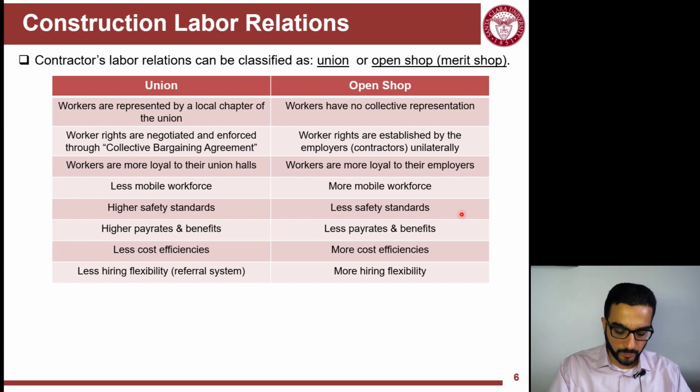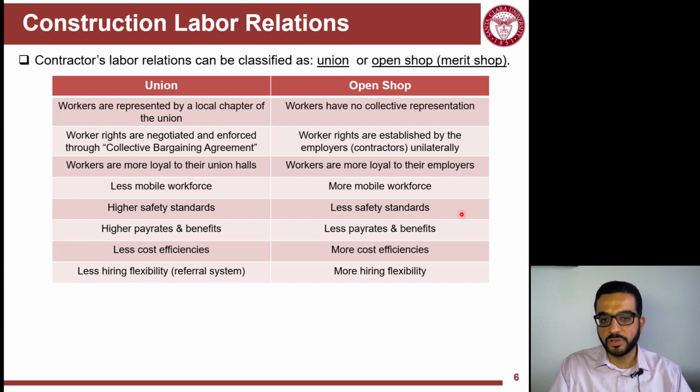In open shop, there is more flexibility. So you can summarize by saying that open shop is more flexible and has more cost efficiencies, but union contractors have higher standards of safety and quality, because union workers go through more rigorous training and apprenticeship programs.